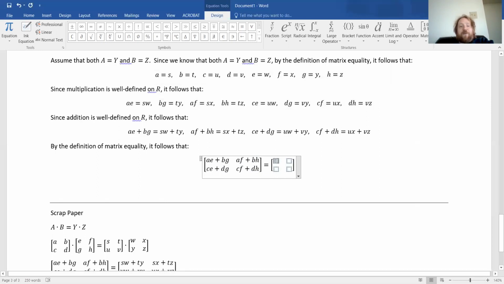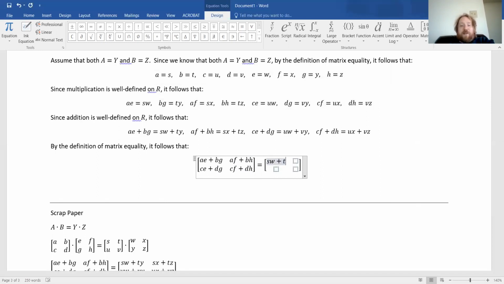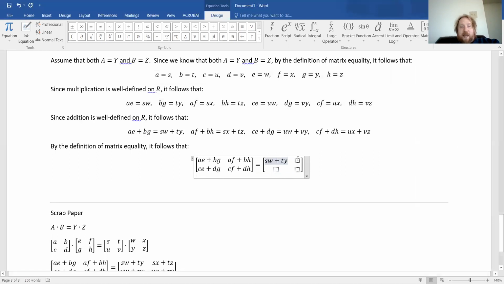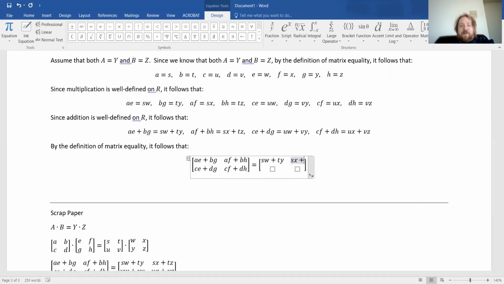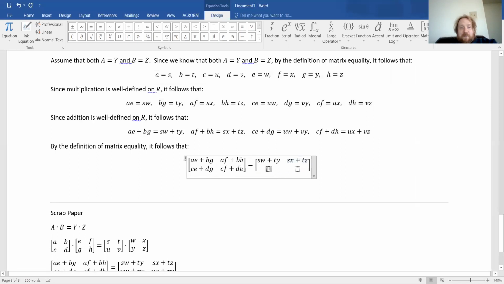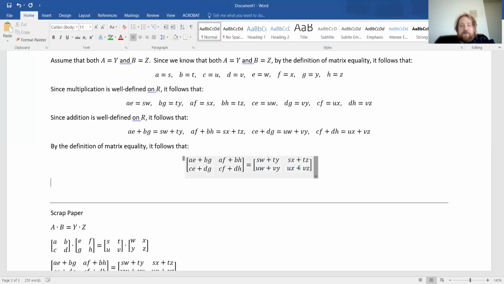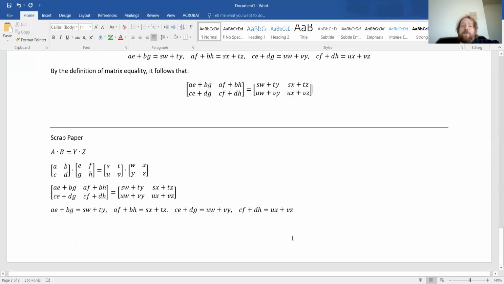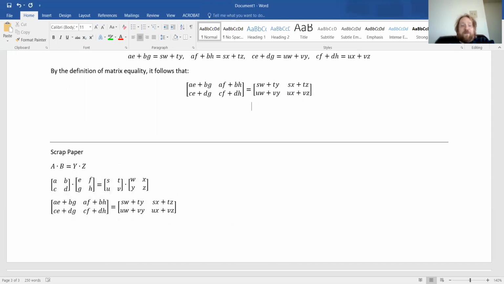Now if I take the things on the right of each, SW plus TY, SX plus TZ, UW plus VY, UX plus VZ. Now, we had already worked out on scrap paper, this matrix equation here is the same as this equation that is a product of matrices.